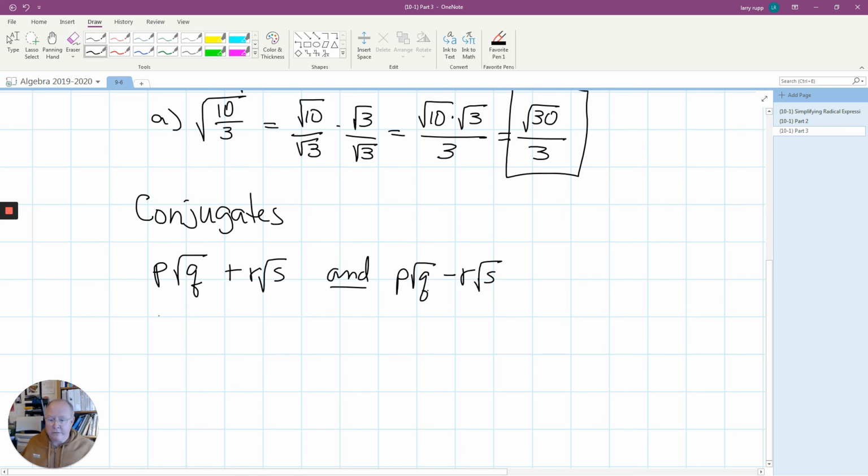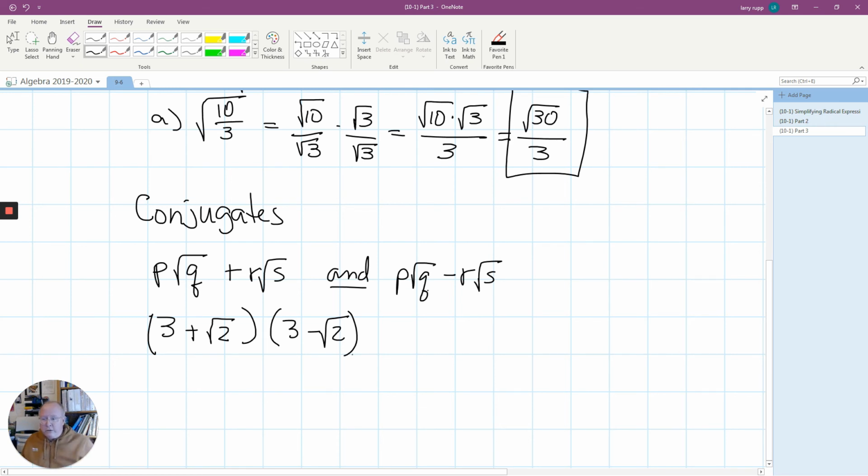For example, the numbers are usually easier to figure out. 3 plus the square root of 2 and 3 minus the square root of 2. These are conjugates.